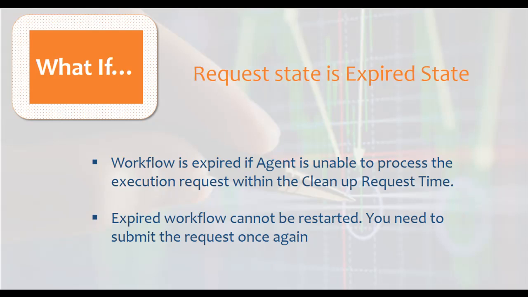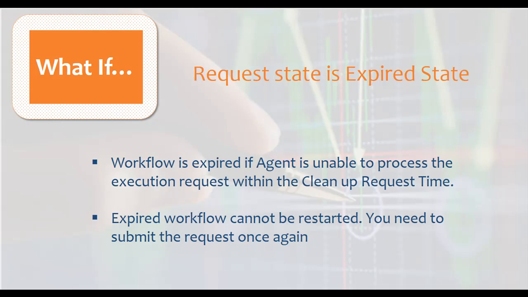If you encounter an expired workflow request, the first step is to check the status of the agent responsible for its execution. If the agent is currently stopped, you should start it before submitting the execution request again. It is important to note that once a workflow request has expired, it cannot be restarted.